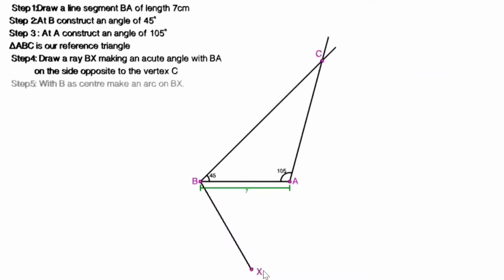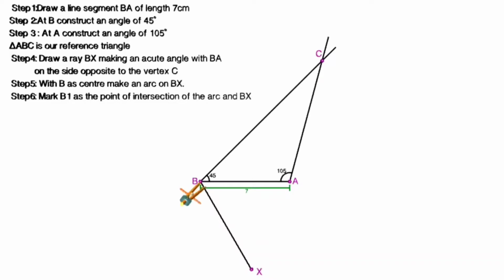Then, I told you the scale factor tells me how many arcs I need to make. The scale factor is 4 upon 3, so the bigger of the two gives me the number of arcs. So 4 is the bigger number, so I will be making 4 arcs starting from B. Whatever radius I take, I'll ensure that the radius remains the same throughout when I'm making all the 4 arcs.